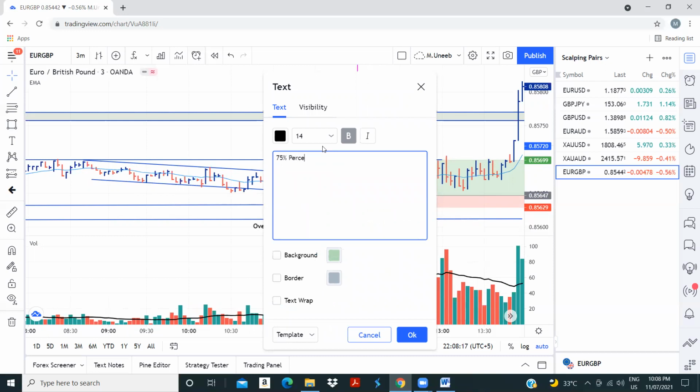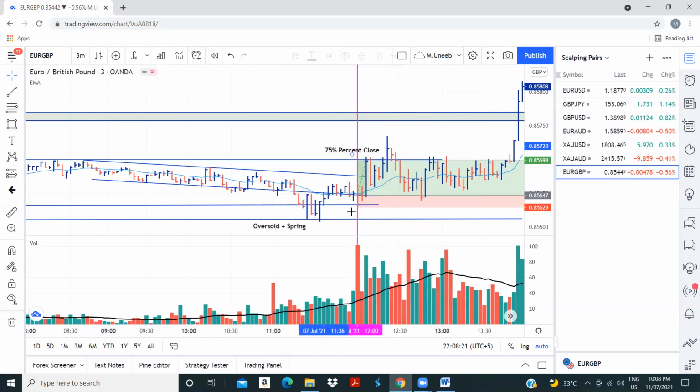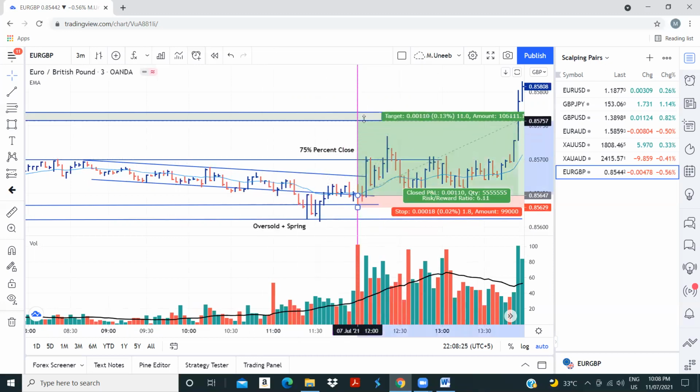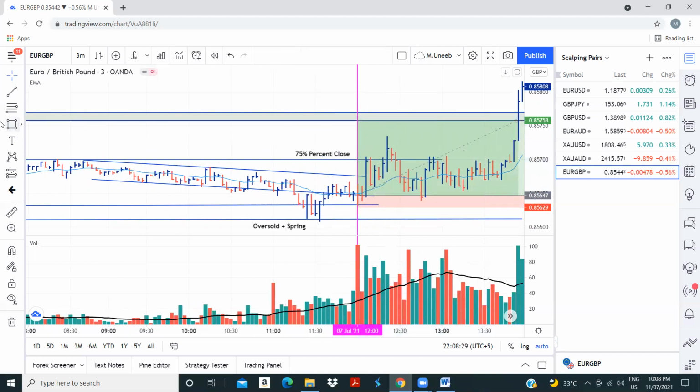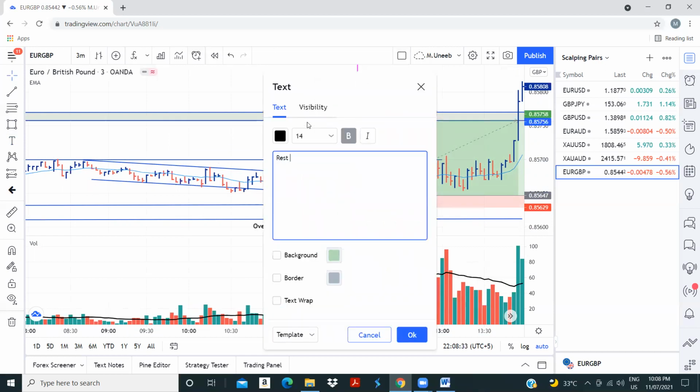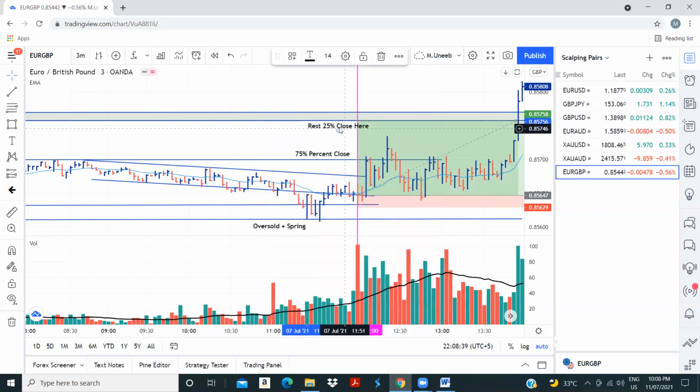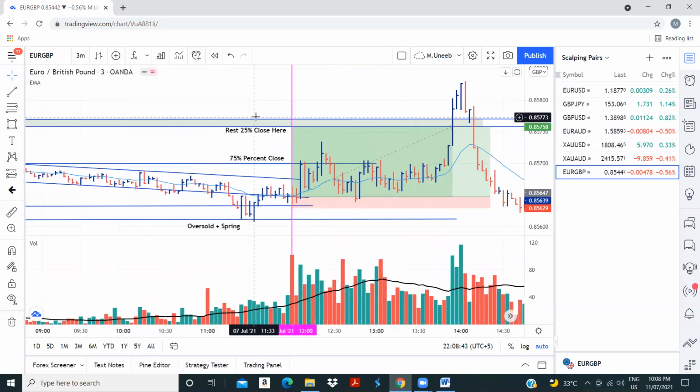If you want to run it longer, 75% close over here, and let the rest 25% run to this point. 25% close here. Okay, that's it. It's the selling zone.